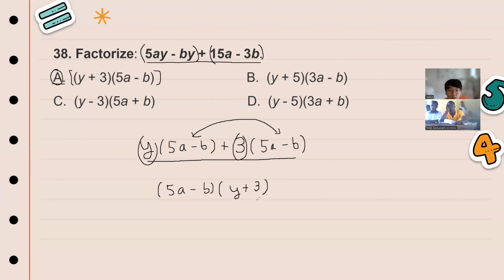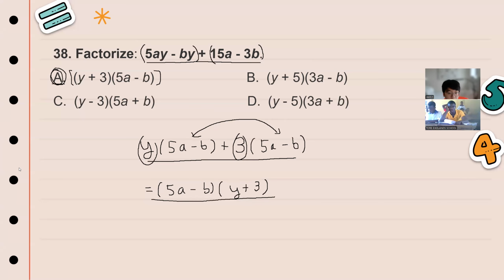That's why we get this factorization. And we can see this matches with A, since we have y plus 3 multiplied by 5a minus b, which is what we have here. That's why the answer is A.